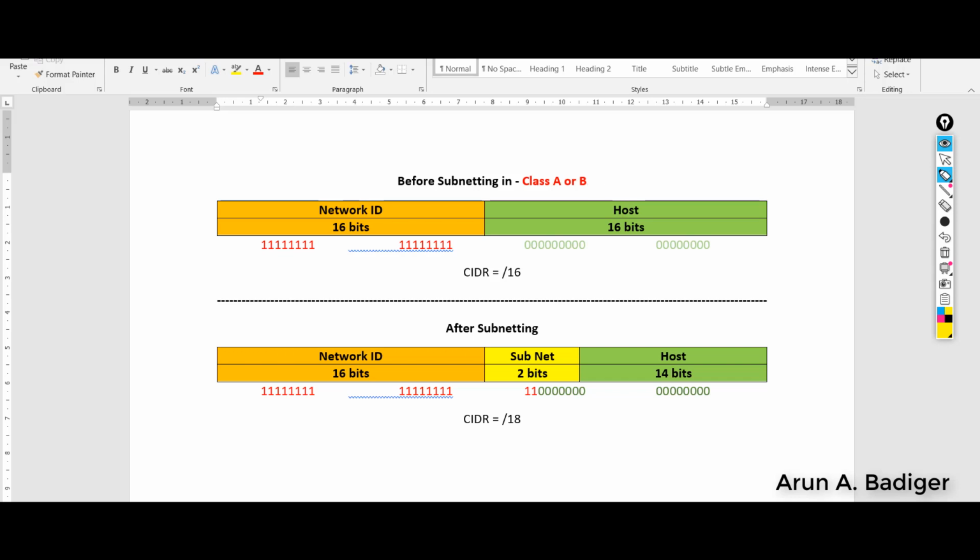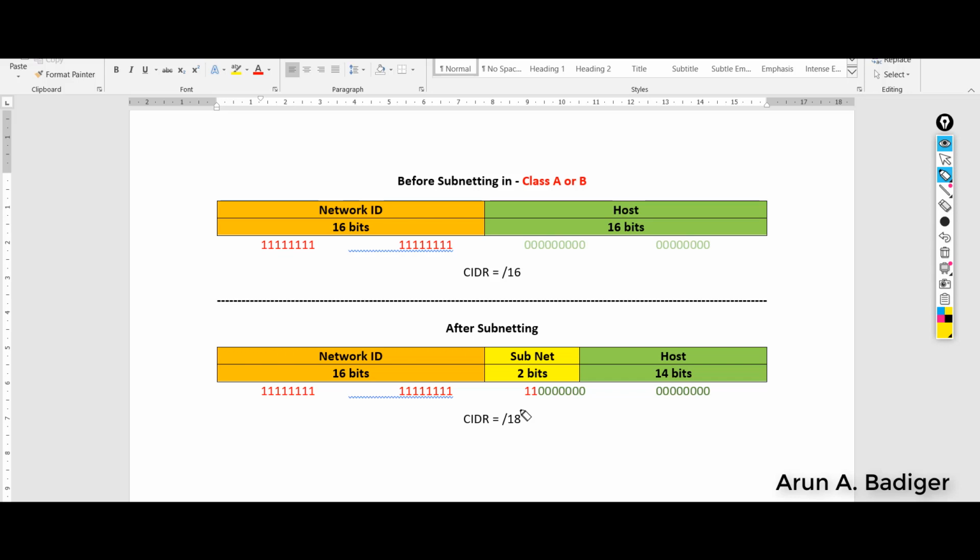You can observe here, the same 16 bits were there, and here 2 extra bits are taken from the host, and we call these two extra bits the subnet. By this, the total number of network bits has increased from 16 to 18. Therefore we can have many more networks.